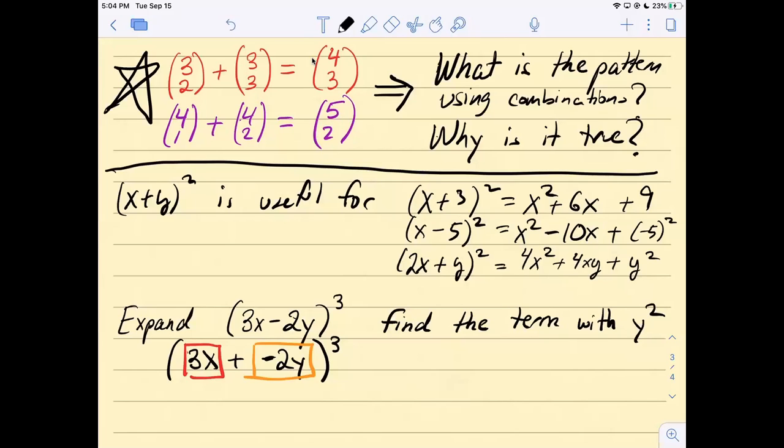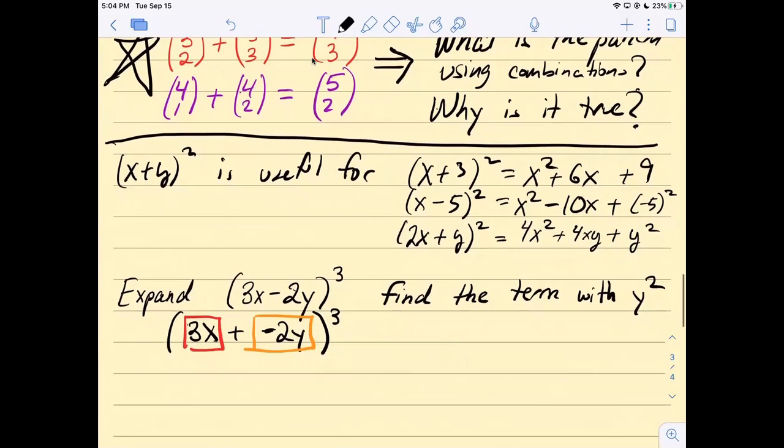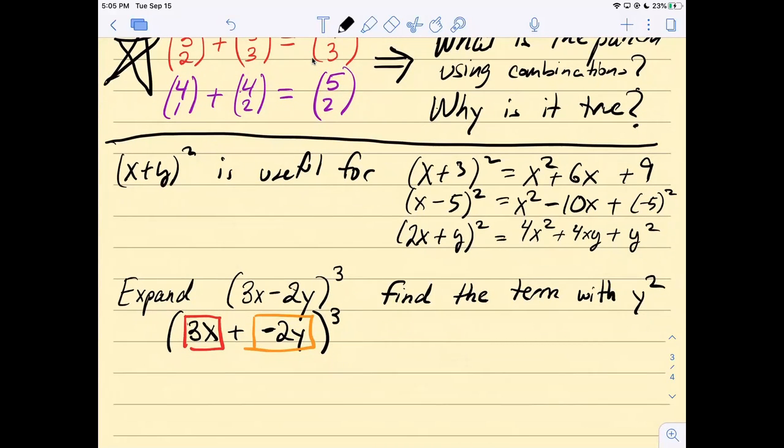Karen, do you want to share your idea? I actually didn't write it on my paper. I got 36xy squared. Okay, and what was your thought process to get there?